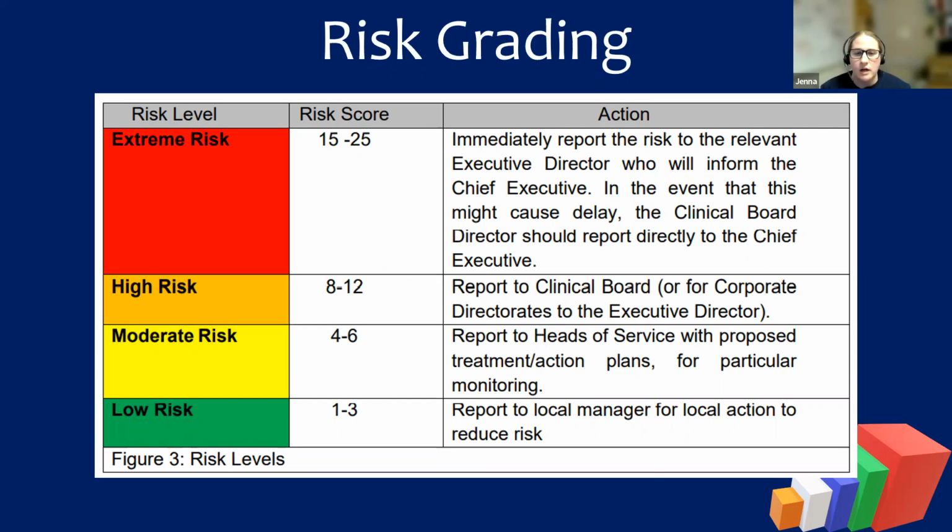So if it was you doing it now as a management team, you could be escalating to your senior management team, your general manager, your service manager, the people who can make a change and who are going to take ownership of that, because it might be that you are unable to do something about it immediately, but actually they are the right people that need to be escalated to.